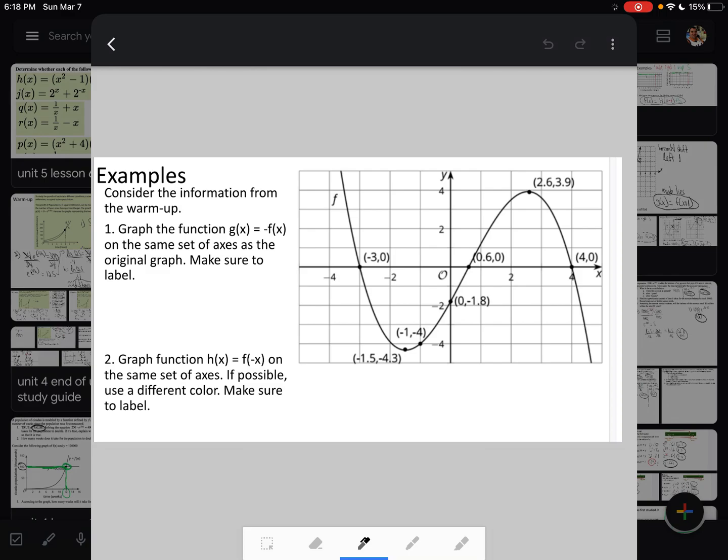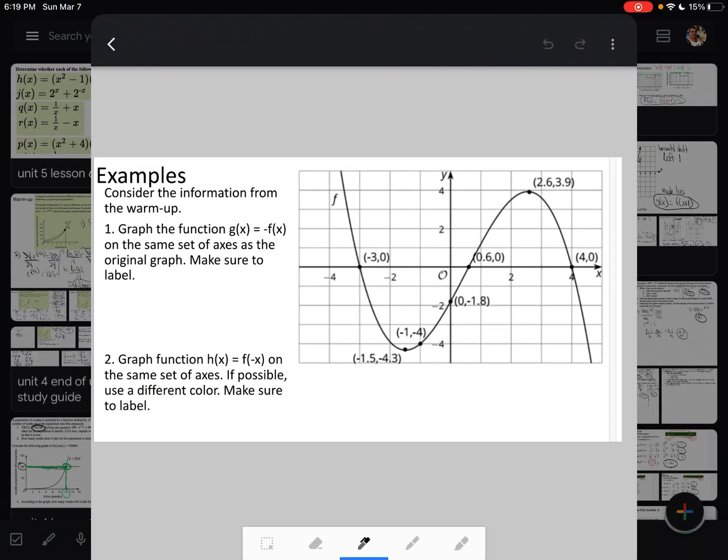So this is a graph, and there's various points here. Number 1, graph the function g of x equals negative f of x on the same set of axes as the original graph. Make sure to label. So the key is this is negative f of x.